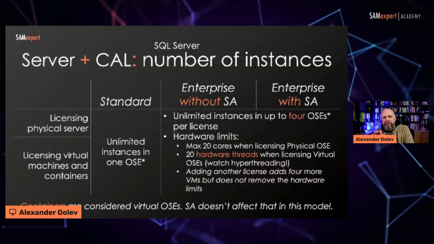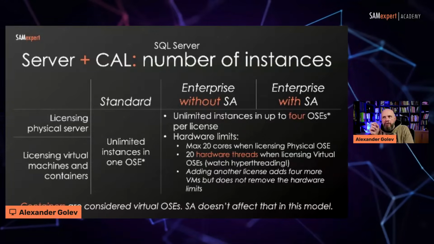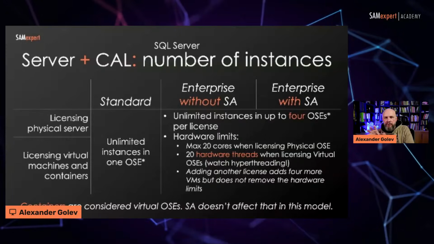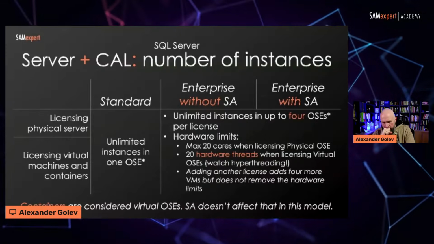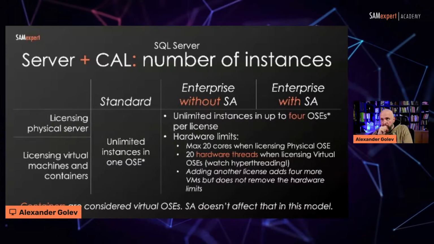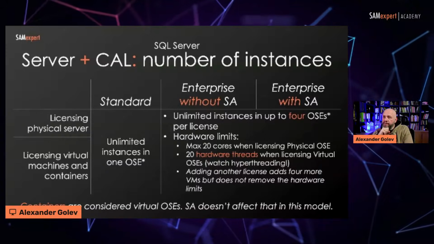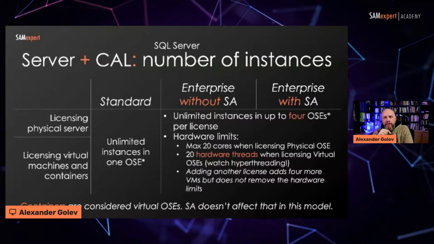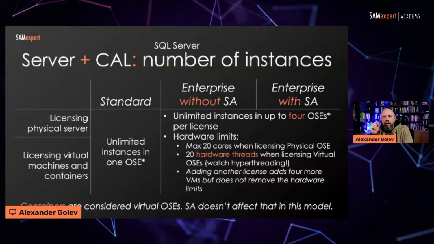And rules differ here, whether that's Standard or Enterprise. You may notice that Enterprise without SA or Enterprise with SA, the rules are exactly the same. Are they? Yes, they are.